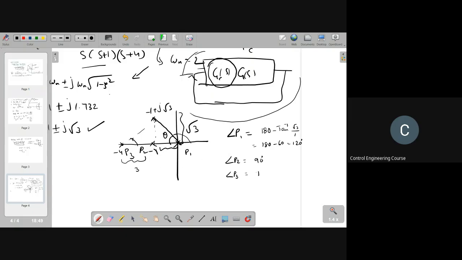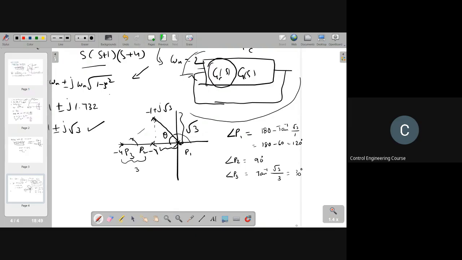So tan inverse of imaginary by real, root 3 by 3, that is equal to 30 degrees. Are you following?